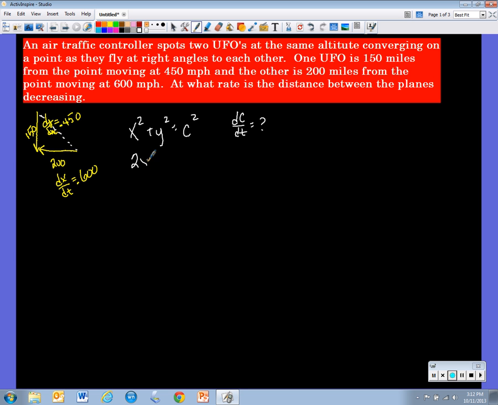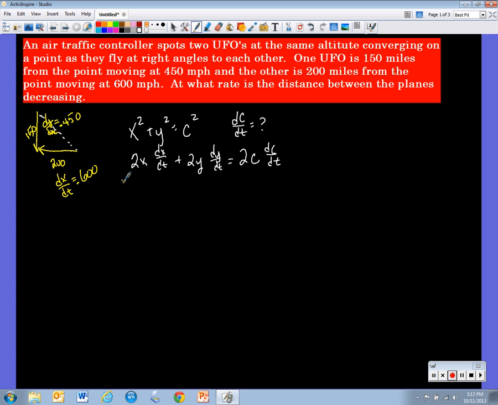So here we go: 2x dx/dt plus 2y dy/dt equals 2c dc/dt. And now is the point, once you've taken a derivative, that it's okay to start plugging in your values. Nothing is constant because these planes are both moving.